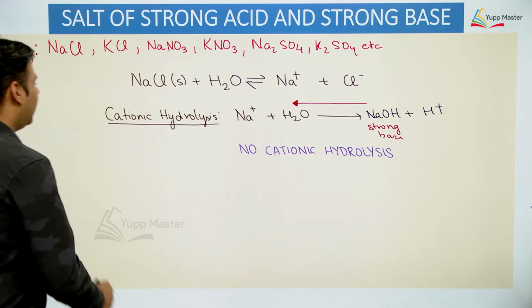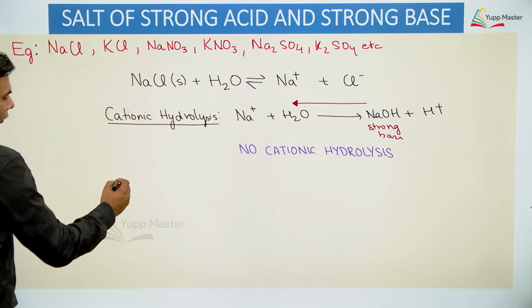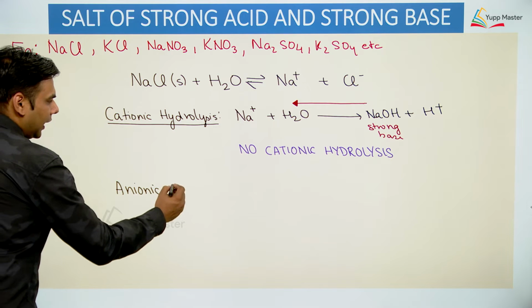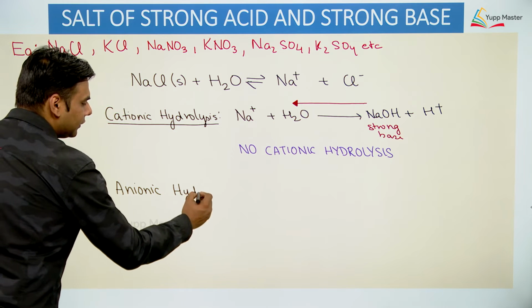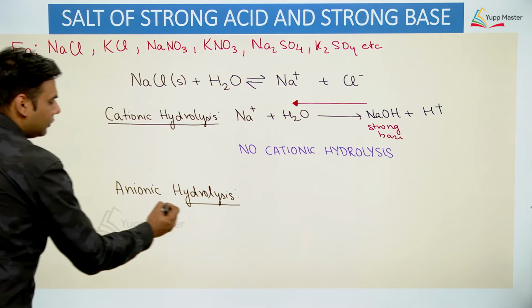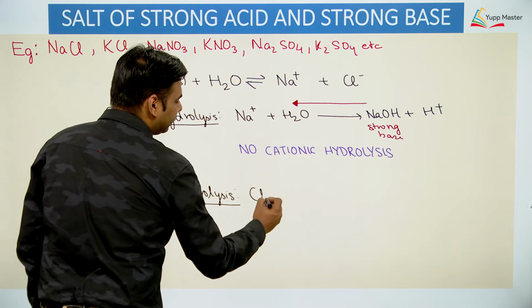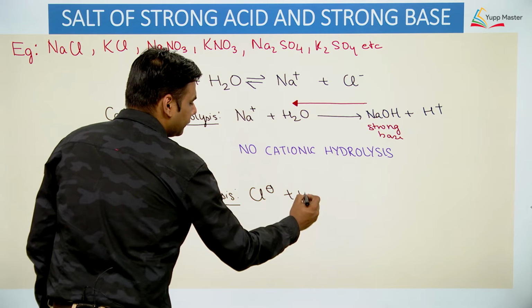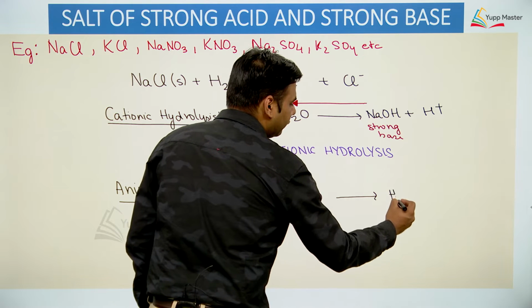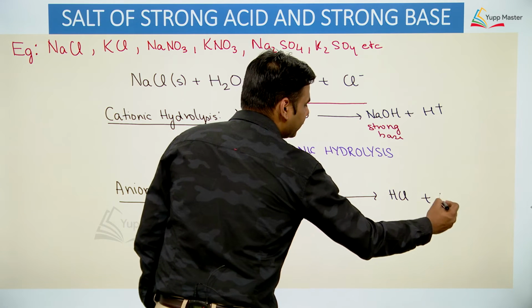Okay. Similarly, when we look at the anion, it will undergo anionic hydrolysis. So it will again attract a water molecule. So Cl negative attracts a water molecule. It will pull out H plus from water, so it would form HCl plus OH negative.